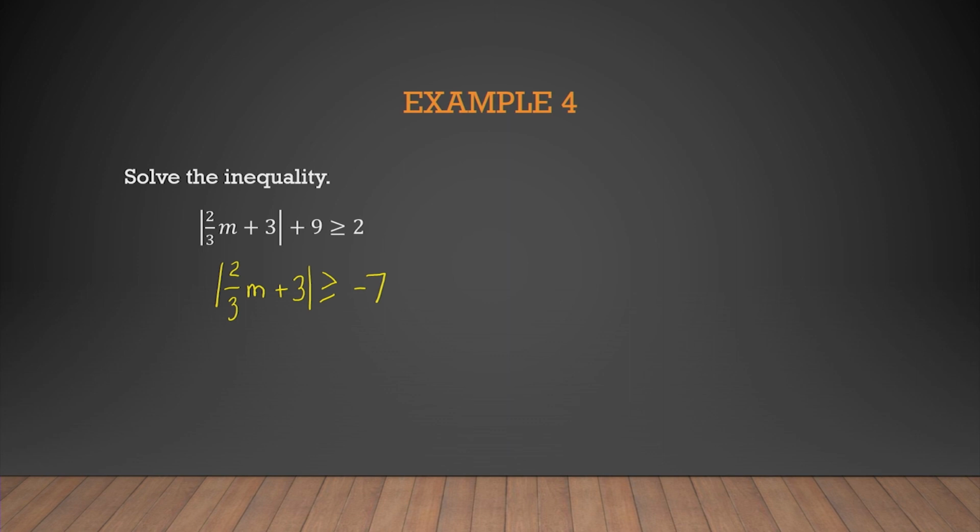Now we know that no matter what number m is, the absolute value on the left side of this inequality is 0 or bigger. So that's greater than or equal to negative 7 for all values of m. So your solution is all real numbers, or in interval notation, the interval from negative infinity to positive infinity.